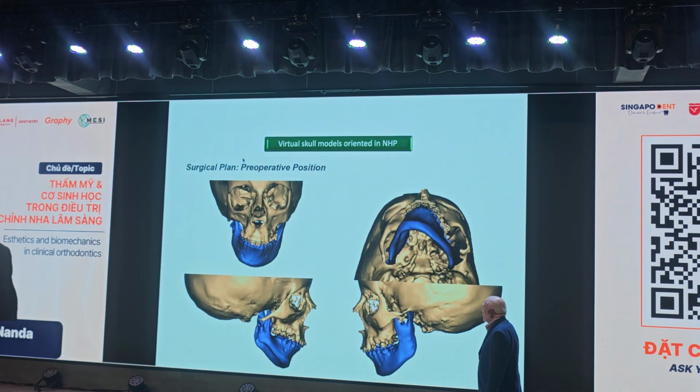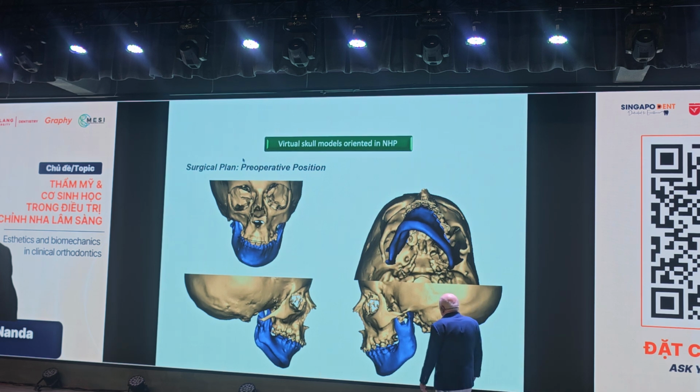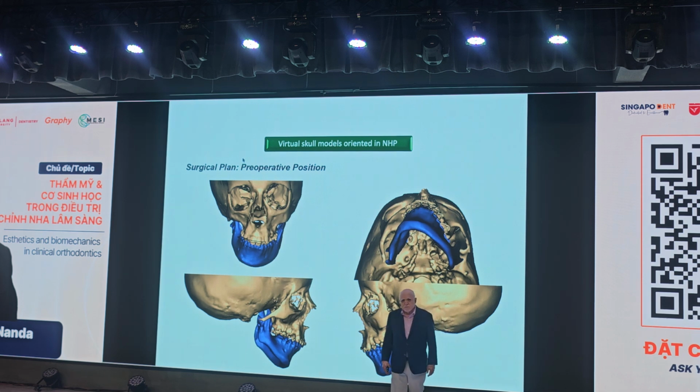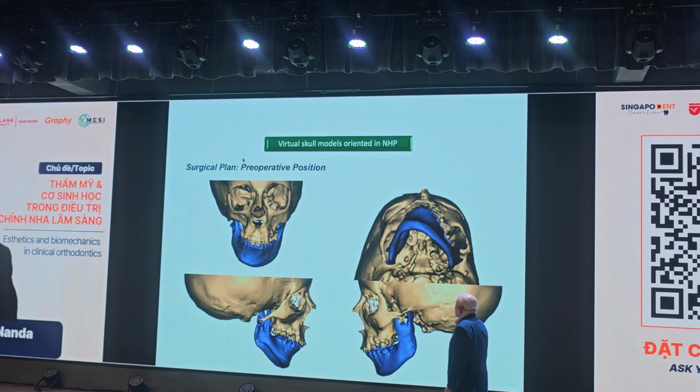Completely. We do surgical planning with our surgeons. And you are going to see on this side, we want to replicate this side on the other side to get this patient's symmetry. This is how things look like.